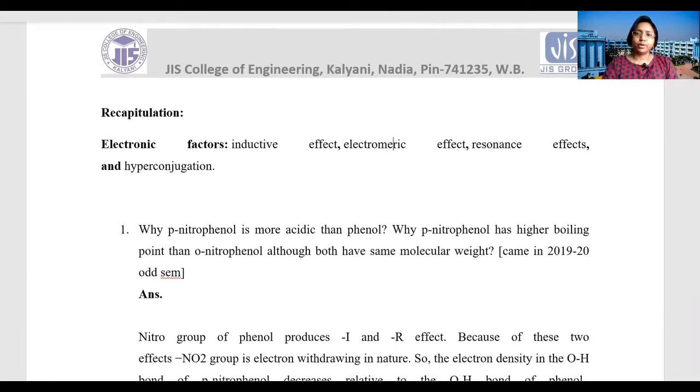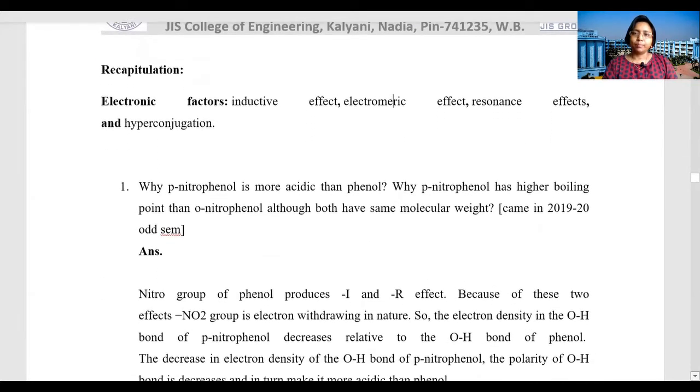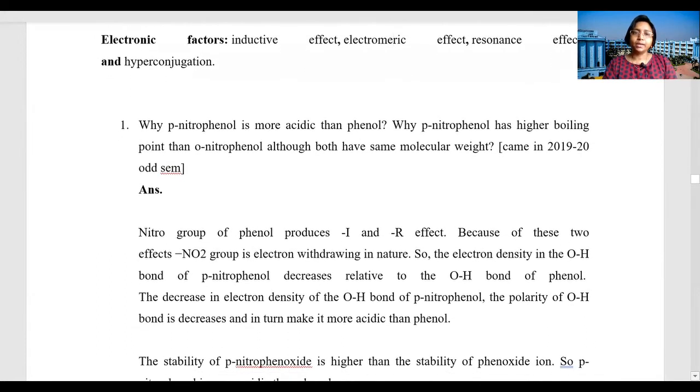So first, solve a few questions which already came in different semesters. Number 1: why is para-nitrophenol more acidic than phenol? And then, why does para-nitrophenol have a higher boiling point than ortho-nitrophenol, although both have the same molecular weight?